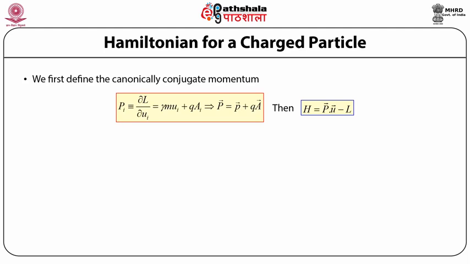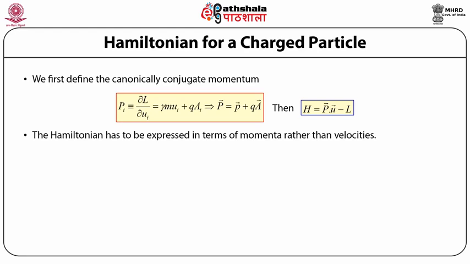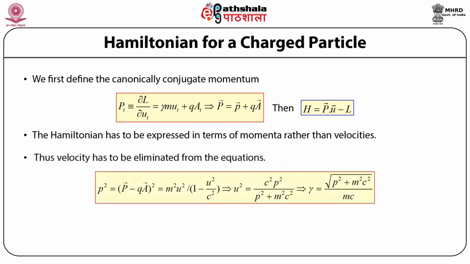Since the Lagrangian is a function of x and u, but the Hamiltonian is a function of x and P, therefore it can be expressed in terms of momenta rather than velocities. Thus, velocities have to be eliminated from the above equations.